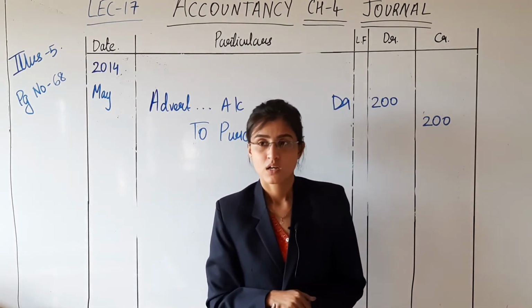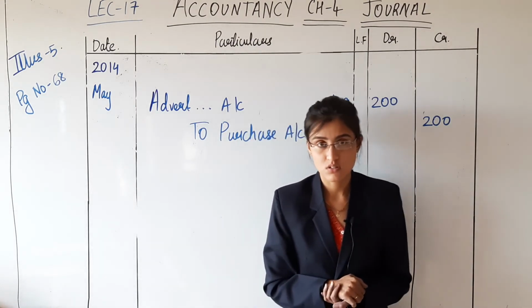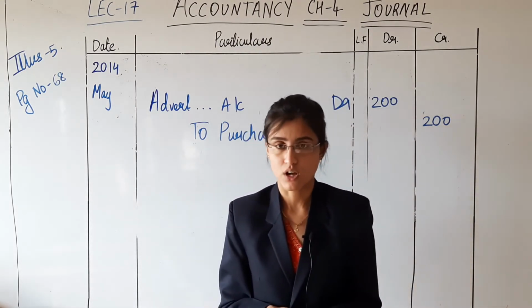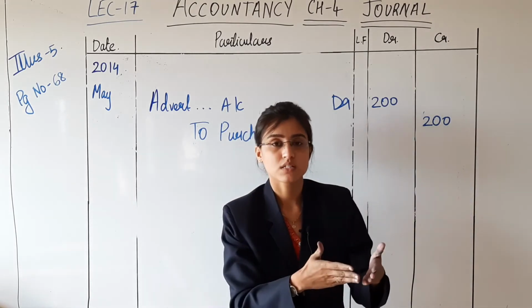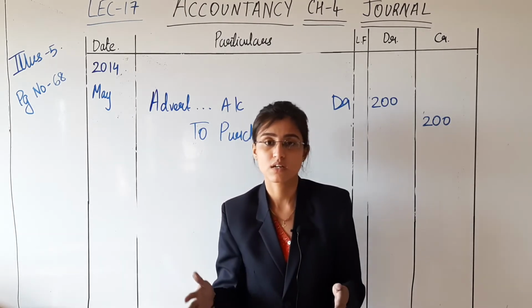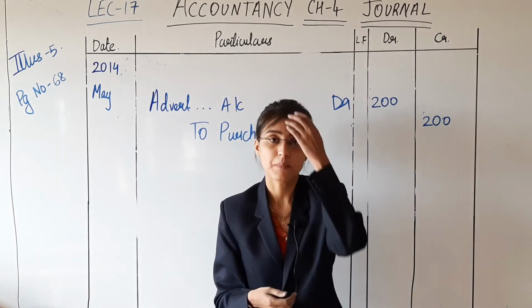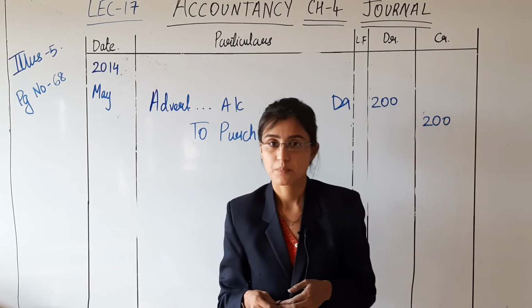First chapter was entirely based on theory. As I said, it was the language of accounting. You should be aware that this party is to be termed as a debtor, this is to be termed as a creditor, this is capital, this is drawings. What is capital? Capital is anything introduced in the business by the owner.